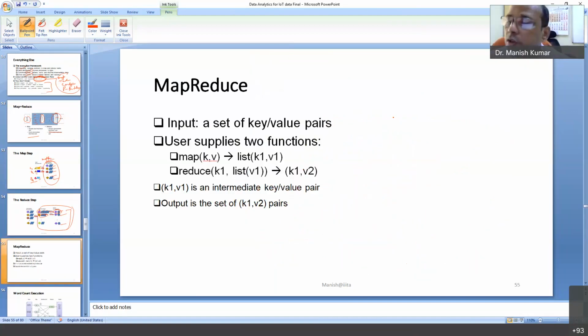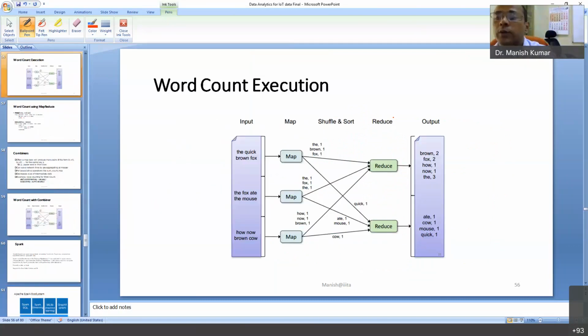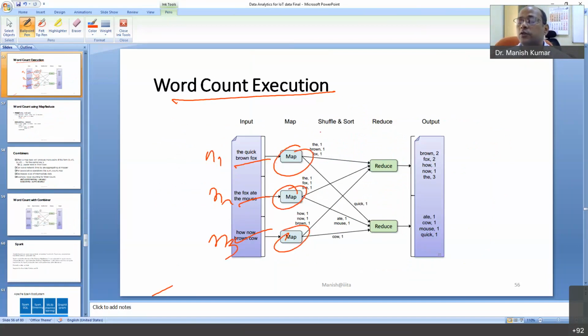Okay. So in the same example, I can show the word count execution. These are the documents, and each of these is node 1, node 2, and node 3. The mapper functions execute, and these key-value pairs are generated. Then these two reducers aggregate this and we get this.